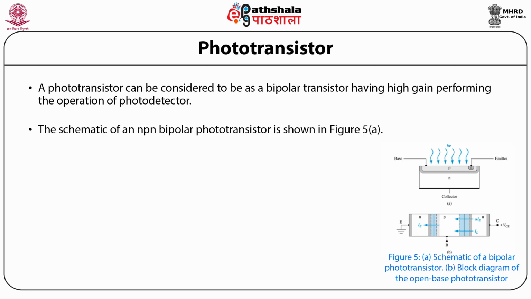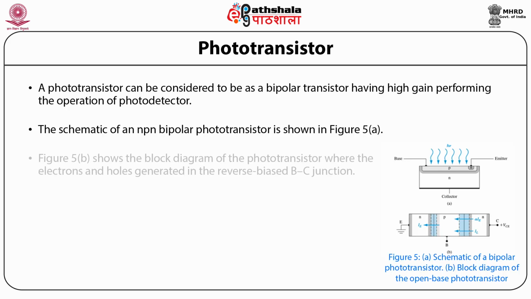This device has a large base collector junction area and is usually operated with the base open circuited. Figure B shows the block diagram of the phototransistor, where electrons and holes are generated in the reverse biased base collector junction. These charge carriers are swept out of the space charge region, producing a photocurrent IL.